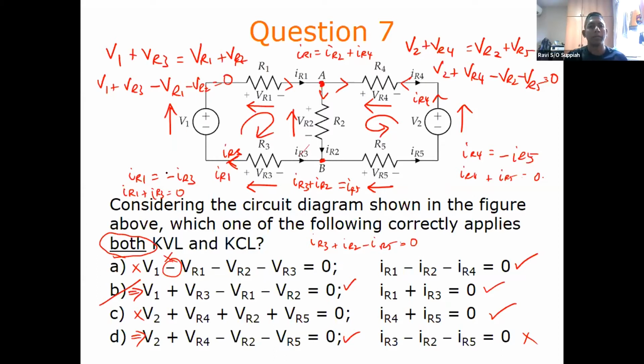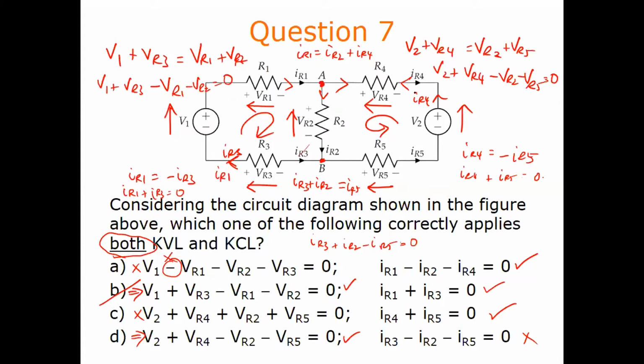Correct. For example, here I draw current one going in this direction. Since current is flowing in this direction, I say this plus and minus. For IR3, it is also going from left to right, so it's plus and minus. Right? But what I don't get is for VR4, since IR2 is flowing from positive to negative. Oh yeah, sorry, it's correct.